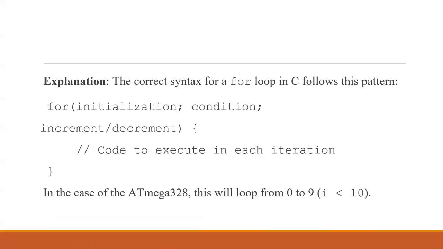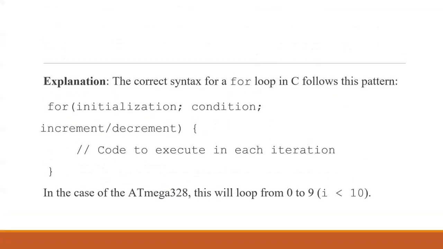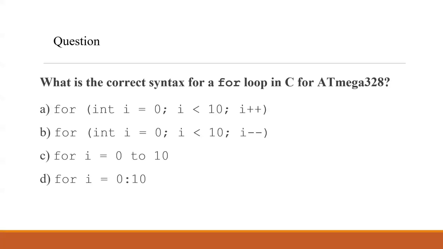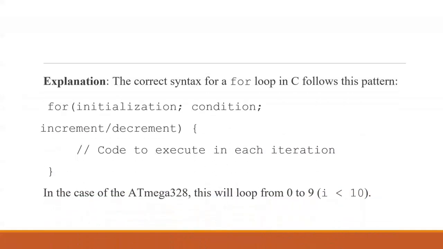So in the case of ATmega, this loop runs from 0 to 9, that is for i less than 10. We are going to see that A is going to be a better answer for you.